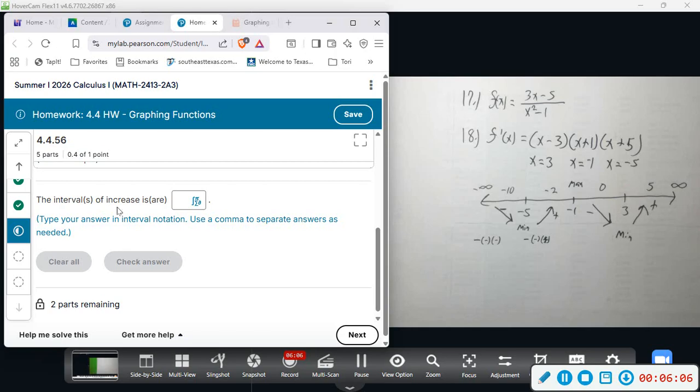All right, so intervals of increasing and decreasing, just like what we have here. We're looking for the increasing intervals: -5 to -1, and 3 to infinity.